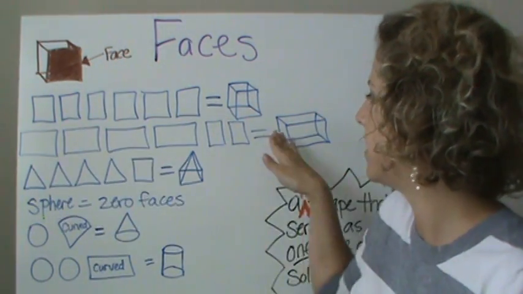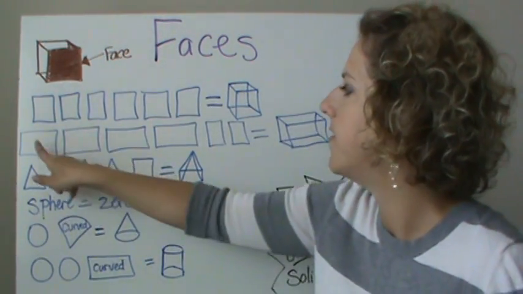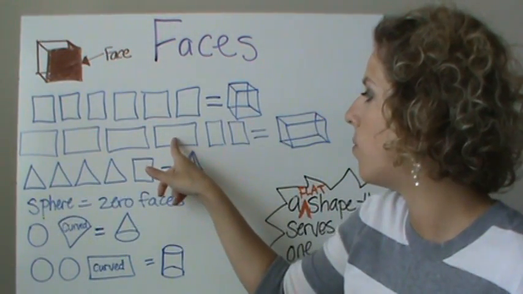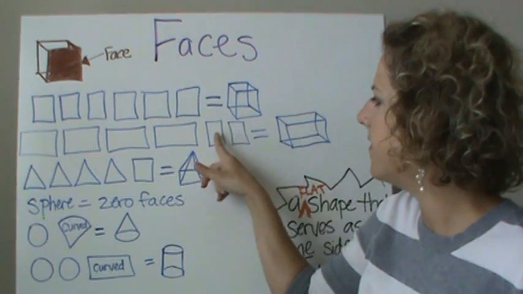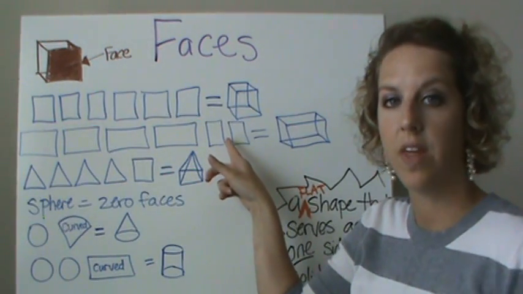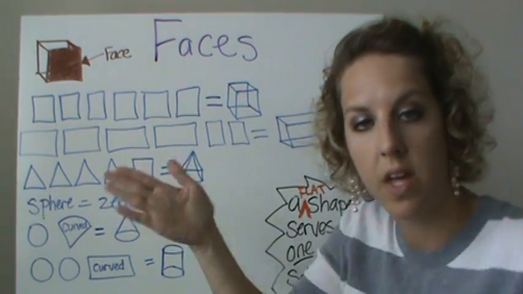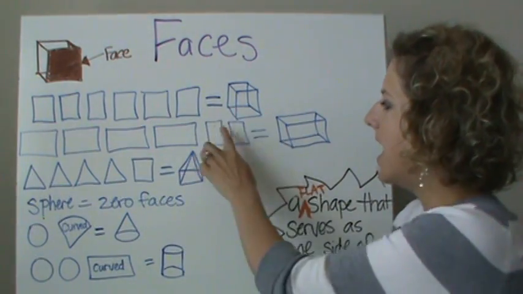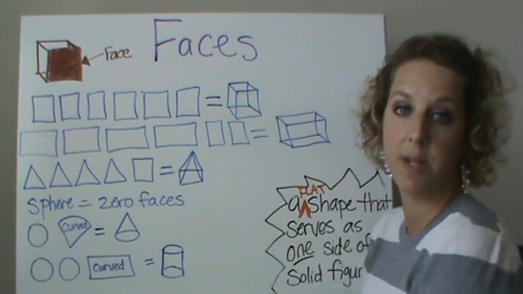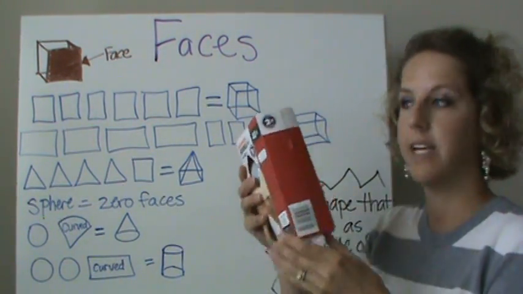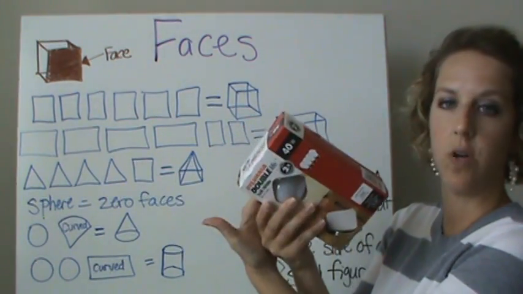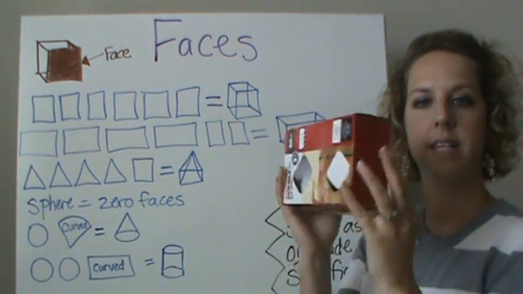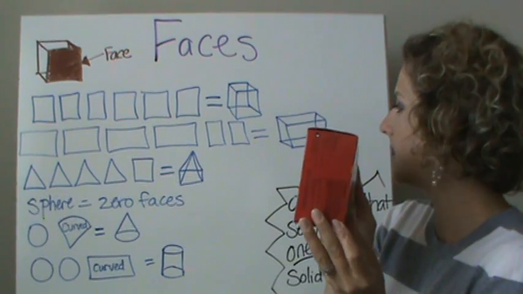For the next one, a rectangular prism, you have 1, 2, 3, 4 rectangles. The two ends can sometimes be rectangles or possibly squares. In my case, the 4 are all rectangles, and the 2 ends happen to also be rectangles.